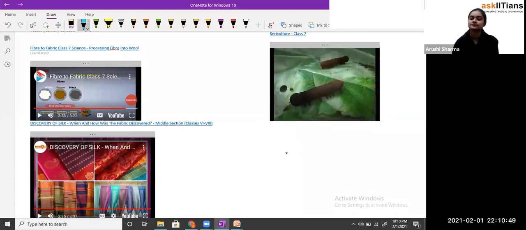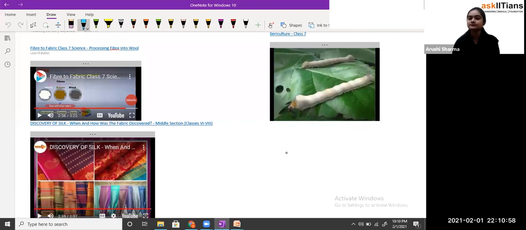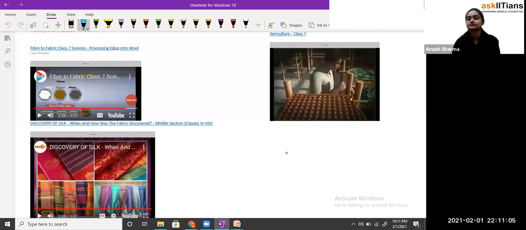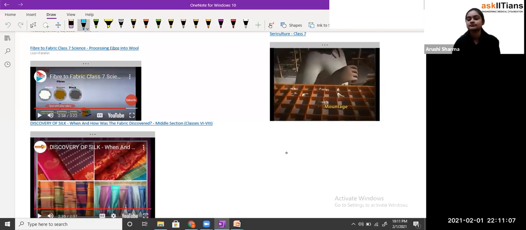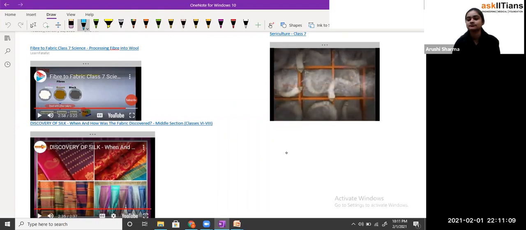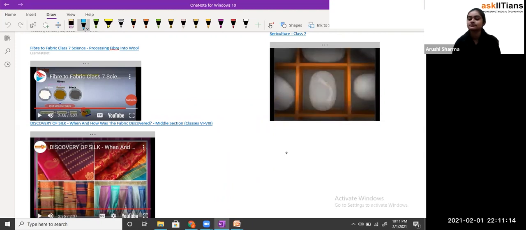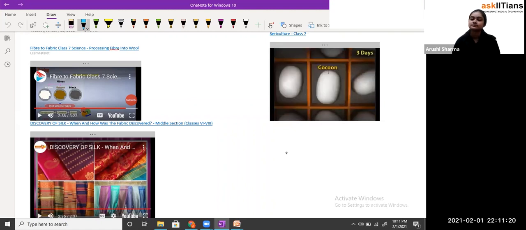The larvae then crawl out of the egg frames and feed on the mulberry leaves day and night for 4 to 6 weeks and grow into an adult larvae. After approximately 6 weeks, the adult larvae stop feeding. Farmers transfer these larvae to mountages. Each larva then produces a single continuous silken thread and wraps this thread around itself to form a protective case called a cocoon. The cocoon formation completes in 3 days.